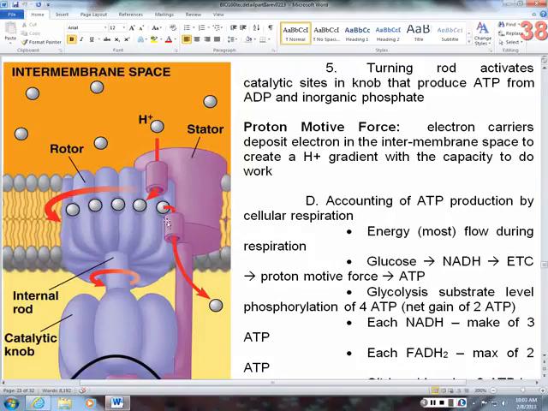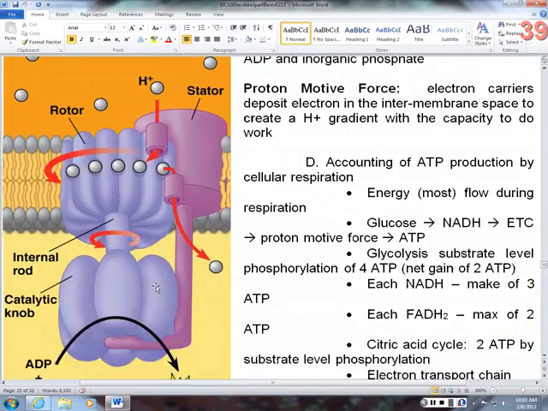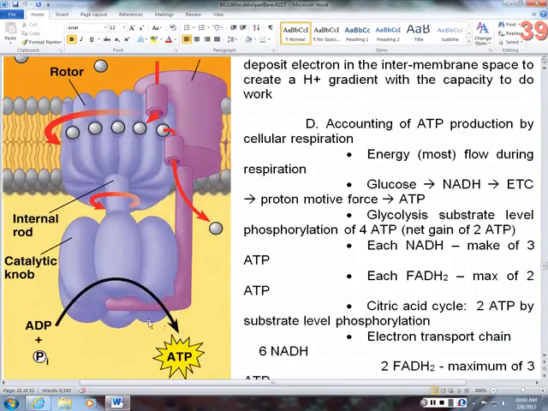When it gets almost all the way around, it's going to drop it through the next tube in here. You've got the catalytic knob, and then when they come down, those electrons get to go be with their hydrogen ions and make water, and it has fueled this process in here, spun this around to put the phosphate back on the ADP to make ATP.